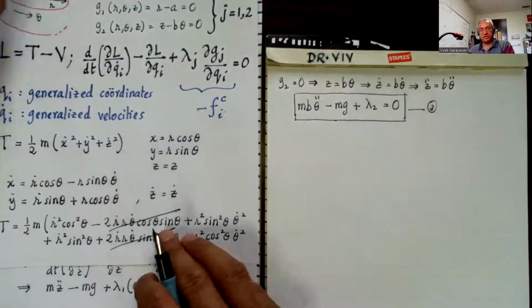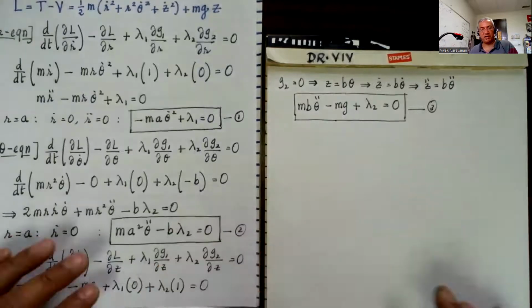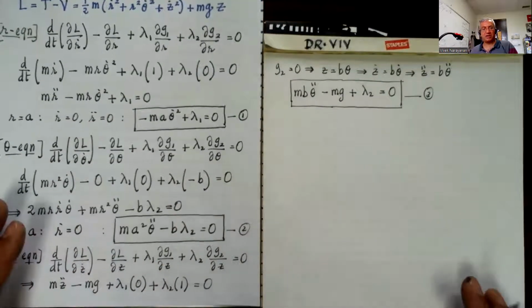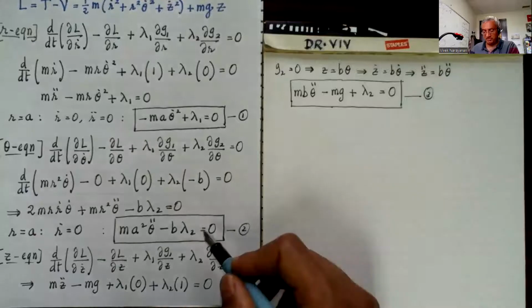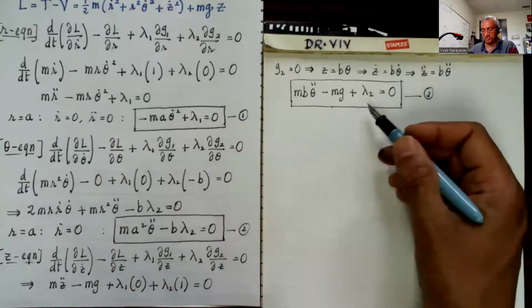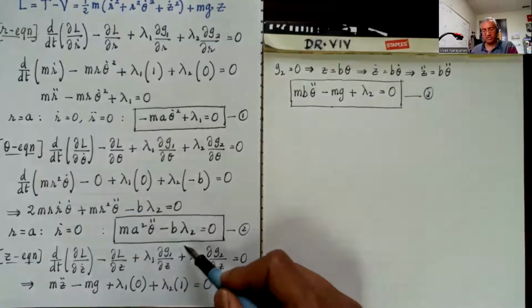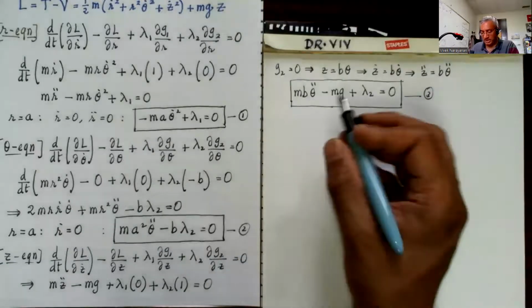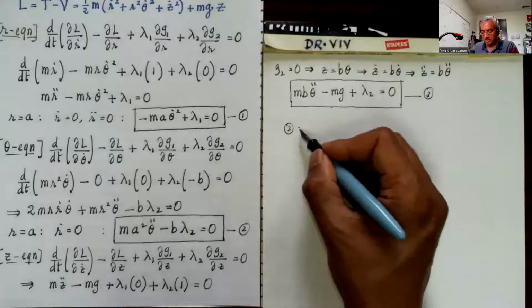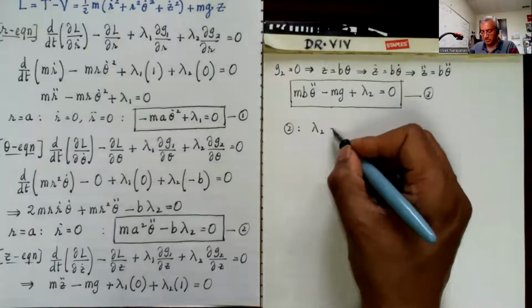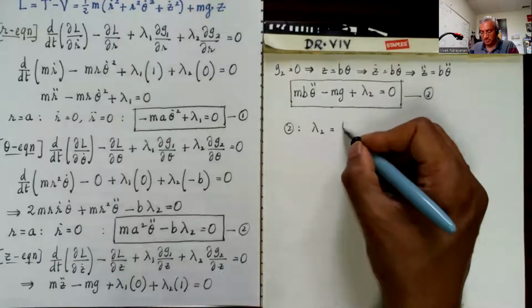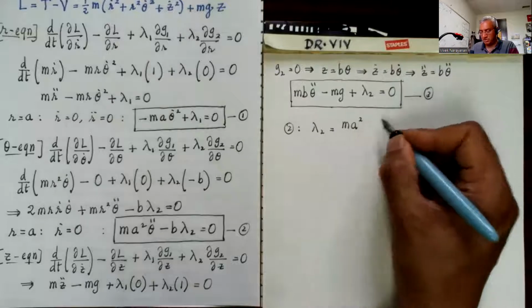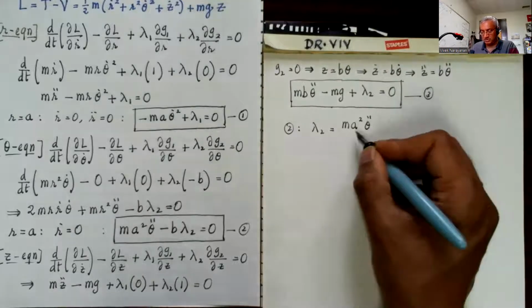Equations 1, 2, and 3 have to be solved to solve our problem. I can already see that there's a very close relationship between these two equations. So what I'll do is I'll solve this equation for lambda 2. From equation 2, I'll get lambda 2 equals m a squared theta double dot divided by b.